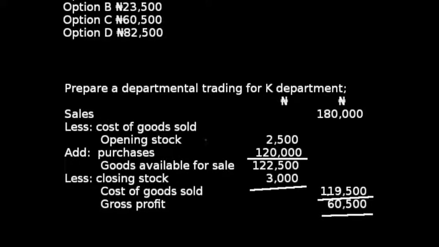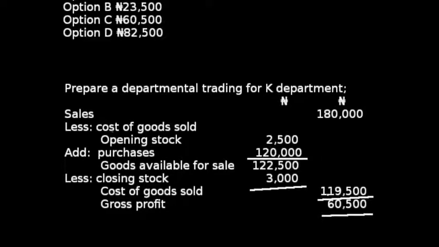Now you know too well that if you buy goods, of course you must sell them. So the costs which you incur in buying these goods are all of this, and then we must minus them from our sales. So let's take the cost first, so that we know the actual cost we incur in making sales or buying our goods.